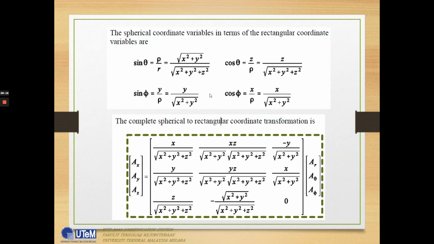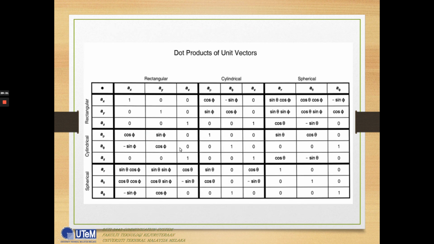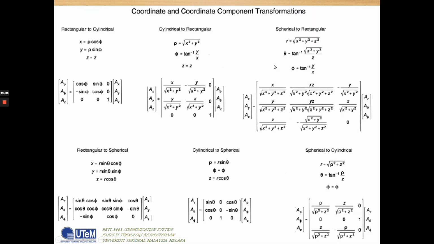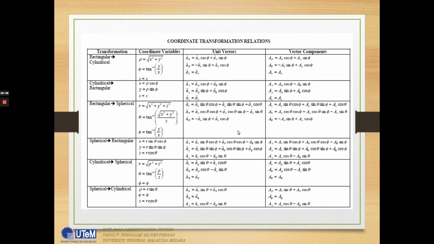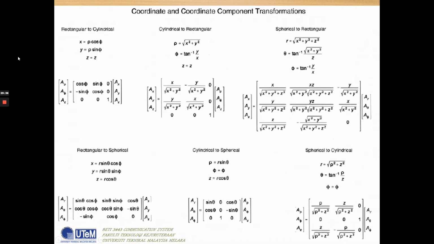So we have actually covered all the systems already. For all the conversions, there are some summary tables here. You can check what to do if it's a dot product of unit vectors, but I would rather ask you to study this one and this one more.